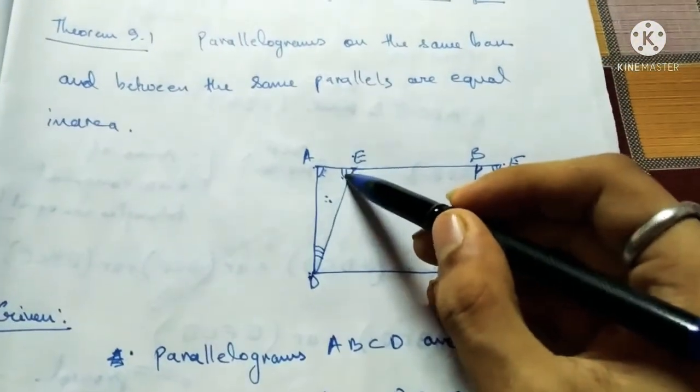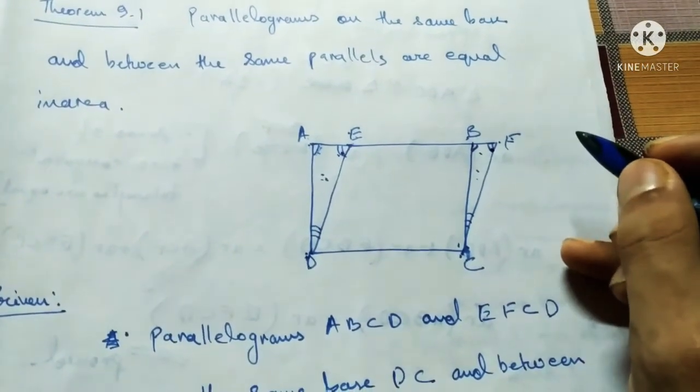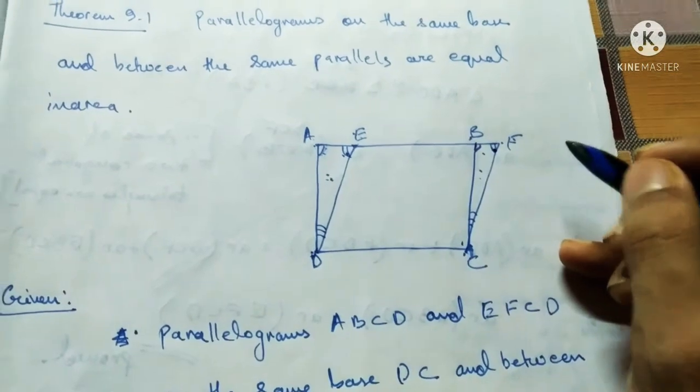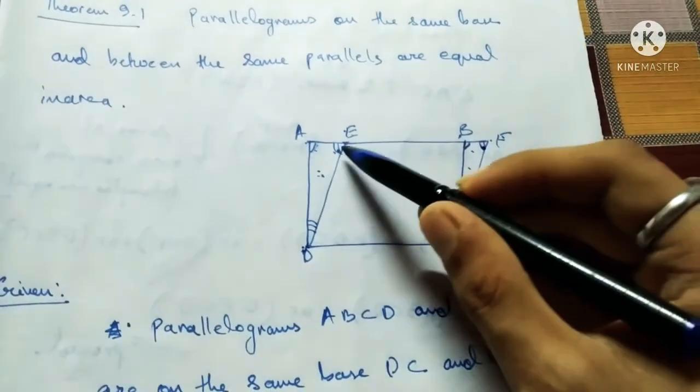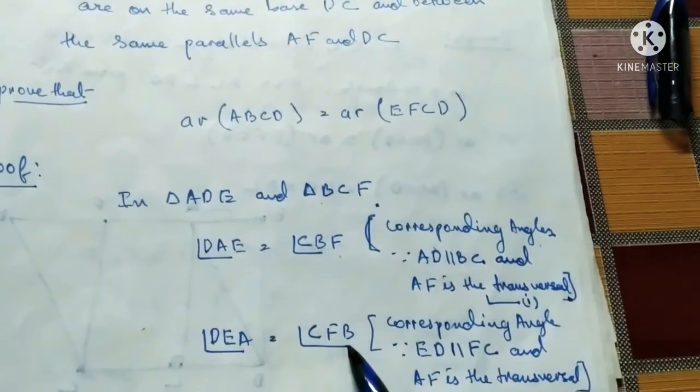Next, this angle is equal to this angle: angle DEA is equal to angle CFB.